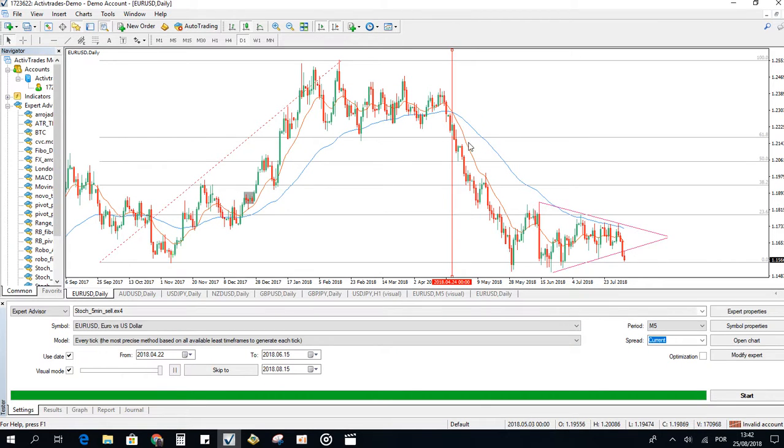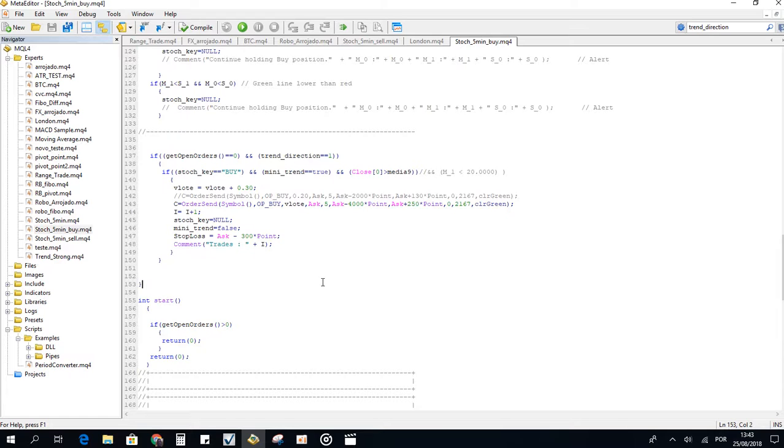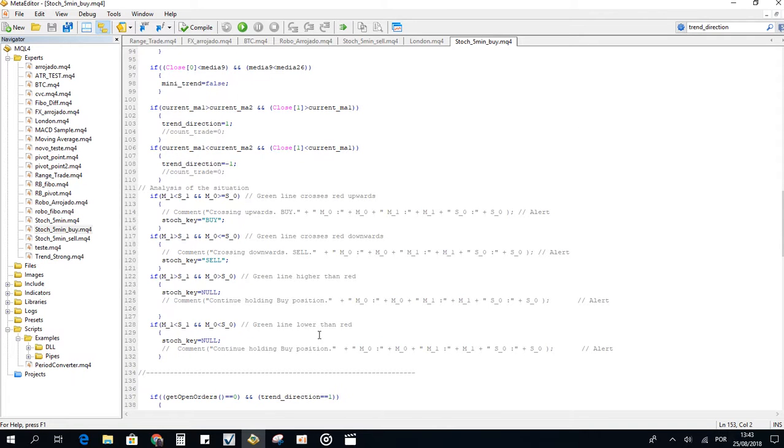I want it on every 5 minutes. These are the periods that I can trade: 1 minute, 5 minutes, 15, 30 minutes, 1 hour, 4 hours, and daily. I set up this expert advisor to search for an opportunity every 5 minutes, according to my strategy. I have a strategy that I translated, and it's in my script. Of course, it's not random.